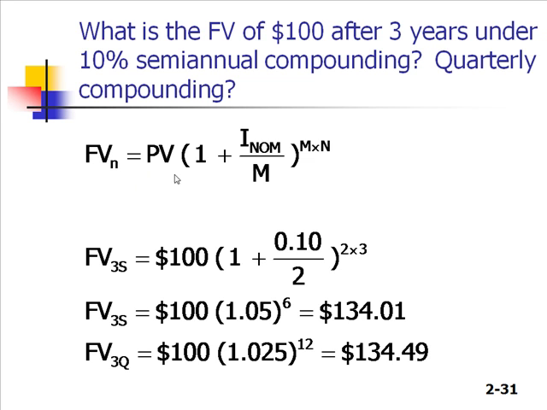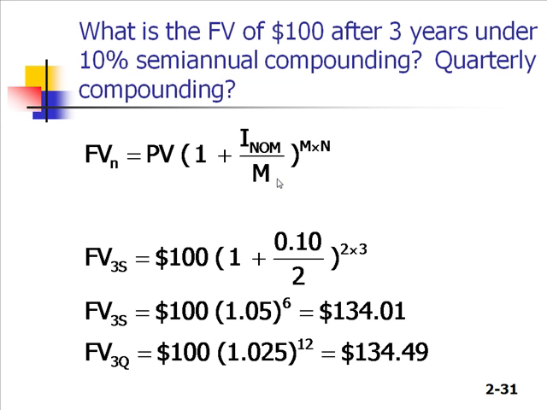Here's how we have to adjust the future value formula. You'll notice that if you take out m from this formula, or if you just let m equal 1, then this is just the good old future value formula. There really is no difference.